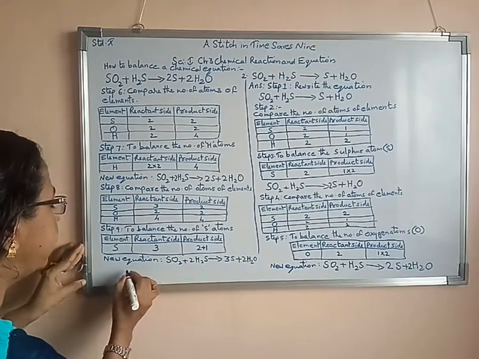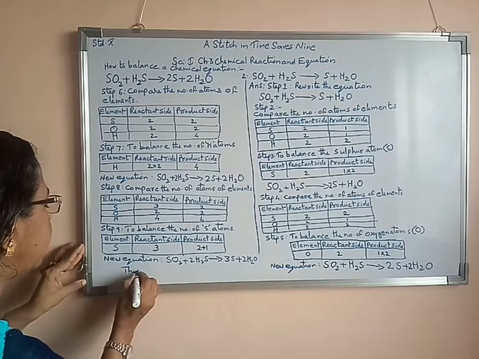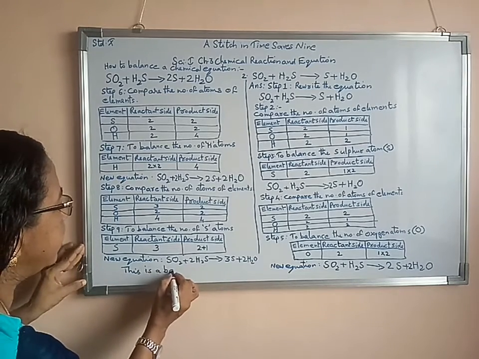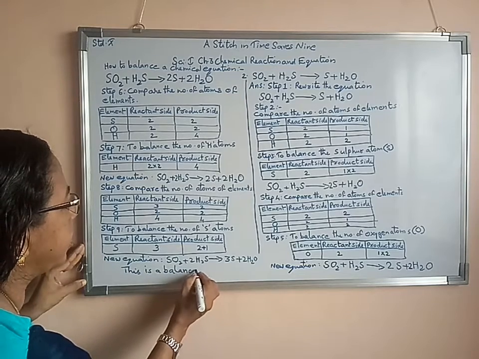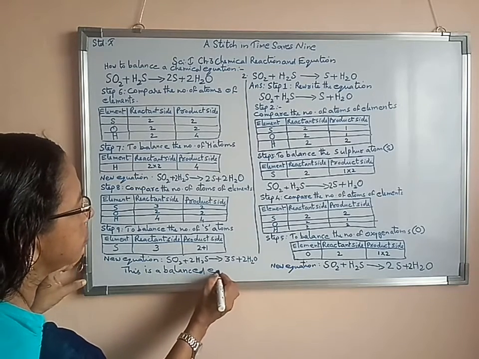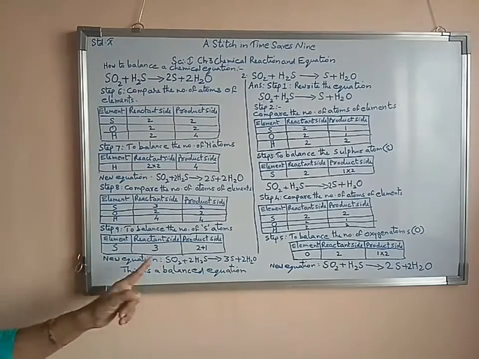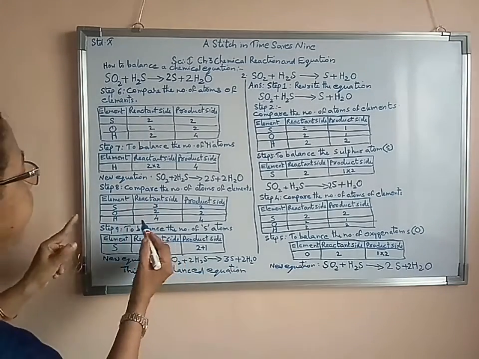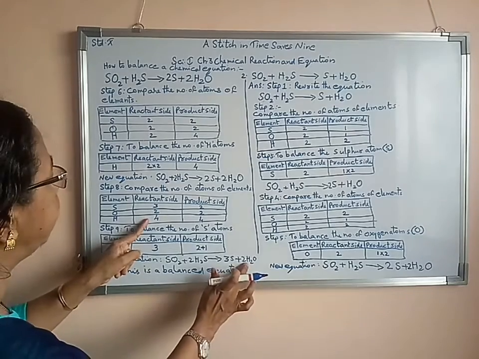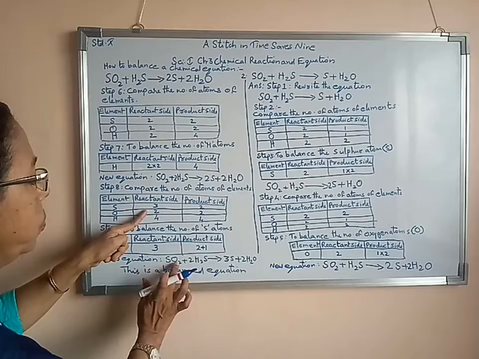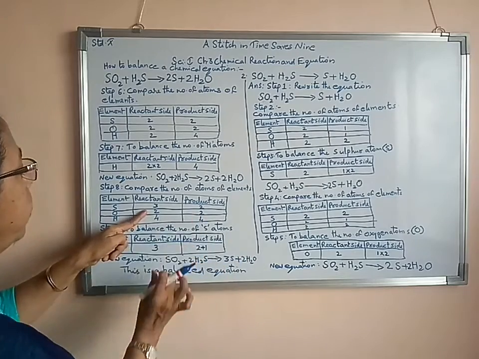So we can write, this is a balanced equation, or you can write it in brackets. Because the remaining places are all the same: hydrogen's number 4, here also 4. Oxygen's number 2, here also 2.